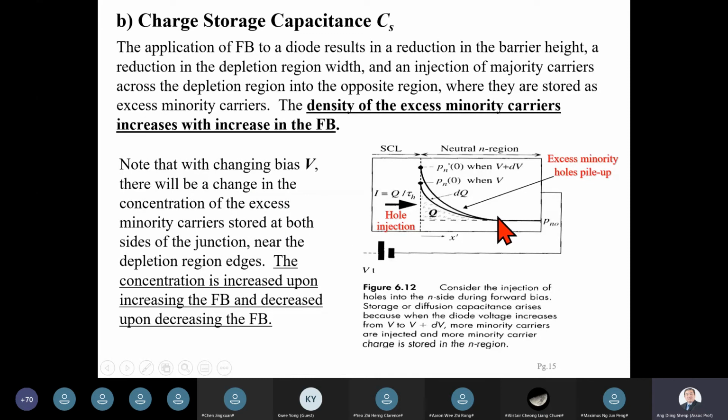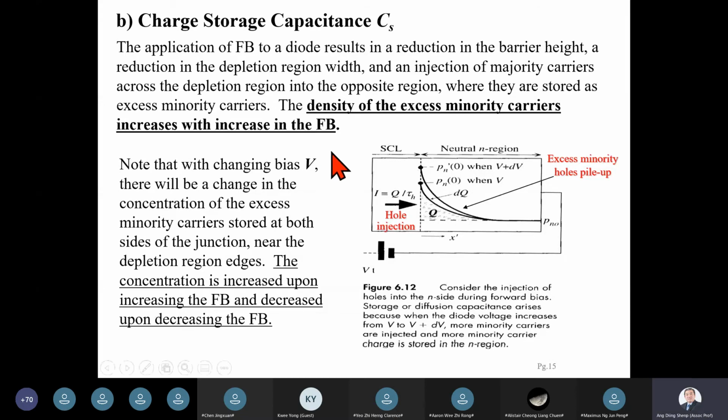So very clearly, the excess minority carrier charge stored in the PN junction can be changed by changing the forward bias. It increases when the forward bias is increased, and reduces when the forward bias is reduced. So there is a capacitive effect related to this excess minority carrier charge, and this capacitive effect is called storage capacitance.